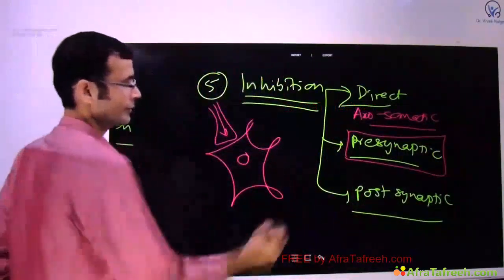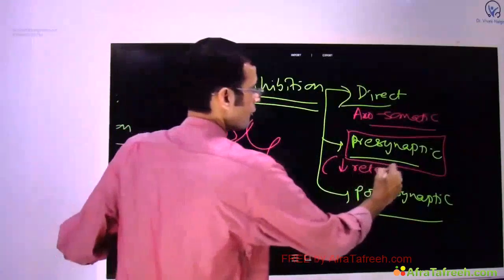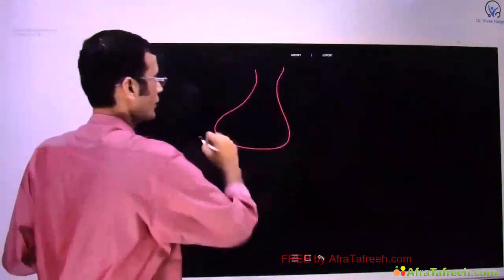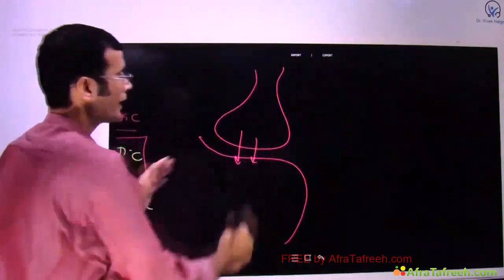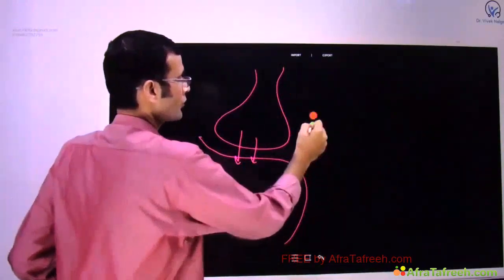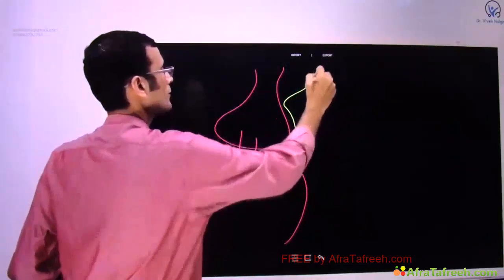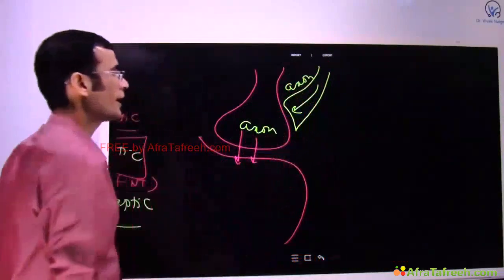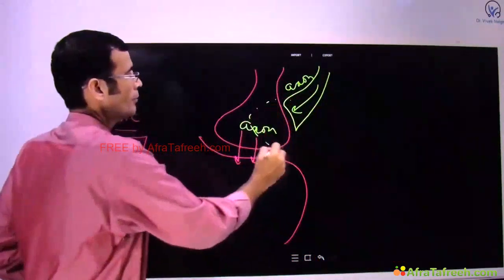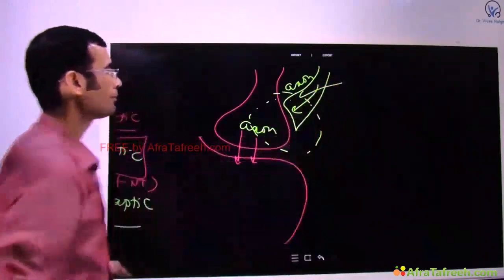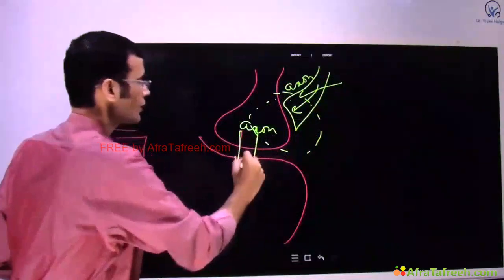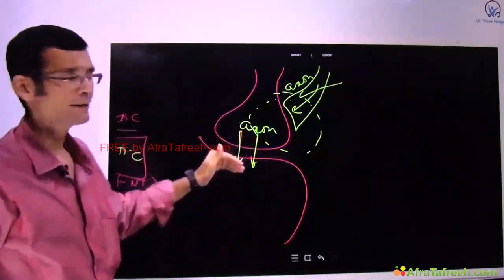What is the basis for this? Decreased release of excitatory neurotransmitter. That's how presynaptic inhibition works. This is an excitatory synapse. It's supposed to cause the transmission. One more axon comes and ends on this axon, making an axoaxonal synapse, and because of this third axon, it's going to decrease the neurotransmitter release in this main excitatory synapse.